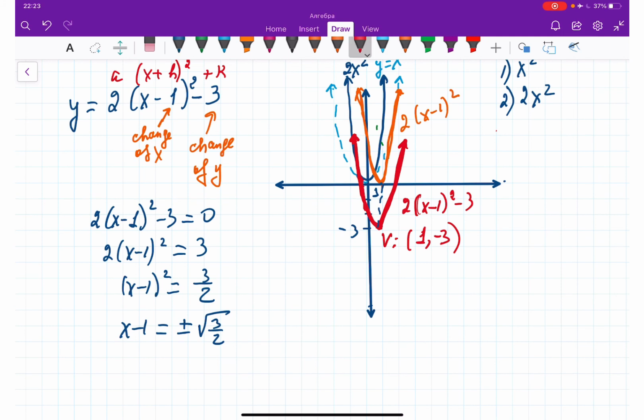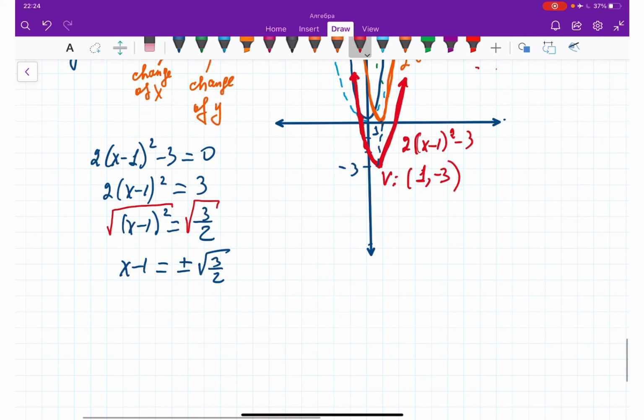Why? Because we have a square, we need to take the square root on both sides. x minus 1 squared, x minus 1 will come out. Square root of 3 over 2 is going to be approximately 1.23 or 1.24.